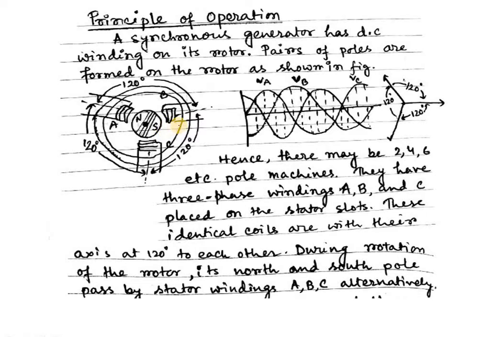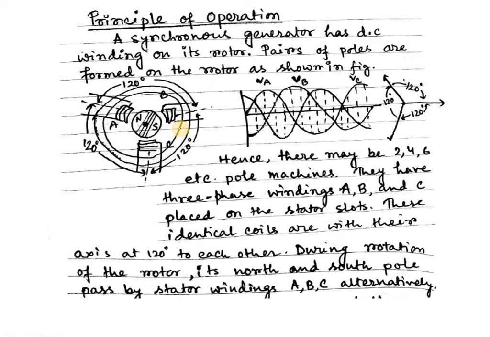And in the stator part, we have shown A, B, C, three phase, three coils connected together. That means in the stator part, we have connected three phase supply, and the rotor is made with DC coils, and pole pairs are formed as per the figure.